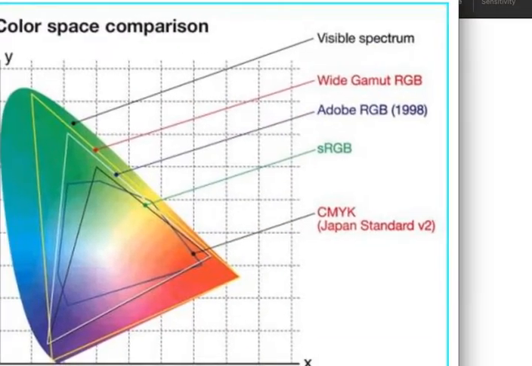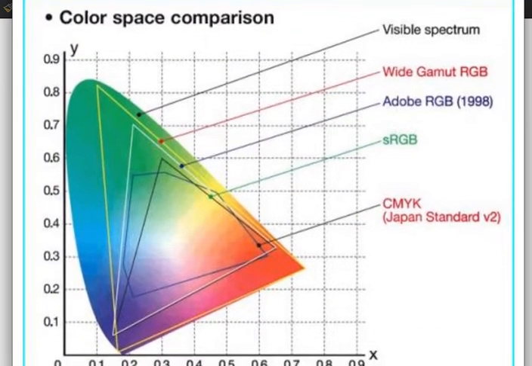Quick visual for you. This is what we're talking about, and if you've not seen this diagram, this horseshoe of color, you're going to see it many times. The horseshoe itself represents the visible spectrum, and that's why it's that odd shape, ranging from red in the bottom right up to green, violet and blue. And we can see some of the other color spaces that can be set on cameras and computers represented here.